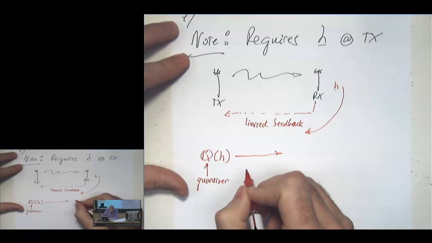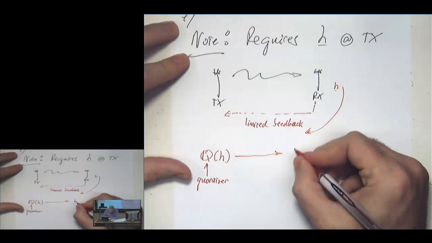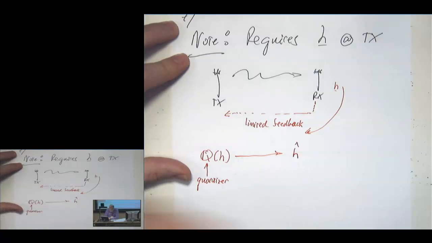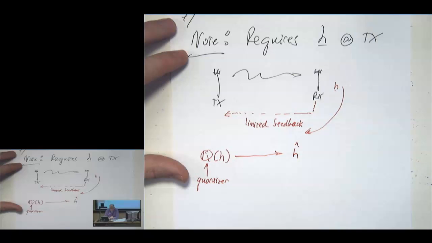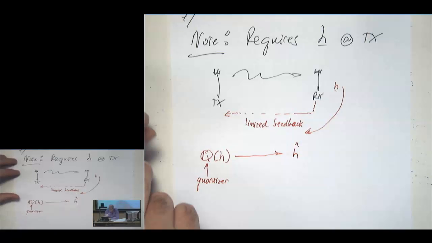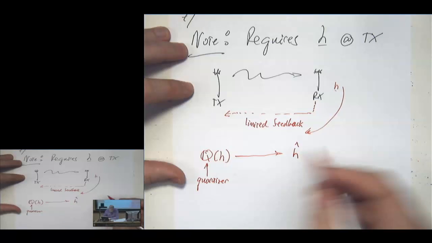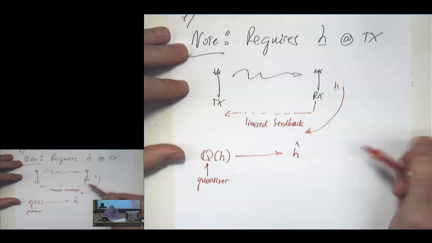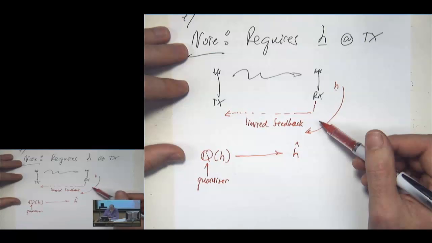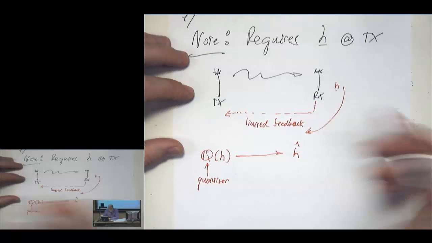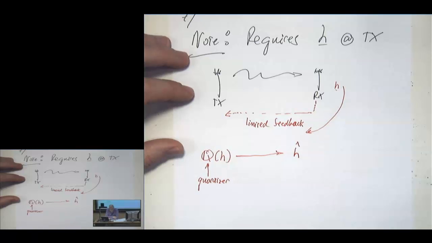And then the transmitter generates a reconstructed h based on the quantized values here. There is a whole theory associated with this, and this is something my group has done a lot of work on. But a variation of this is also in 802.11n, it's in LTE, it's in WiMAX, so it is a rather common approach here.